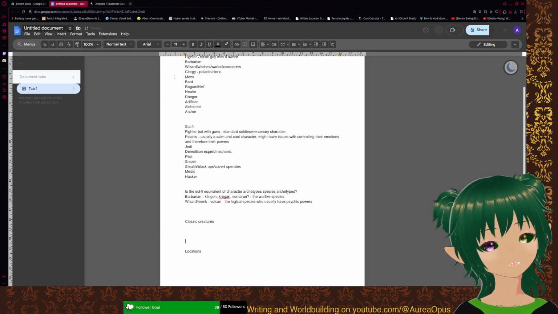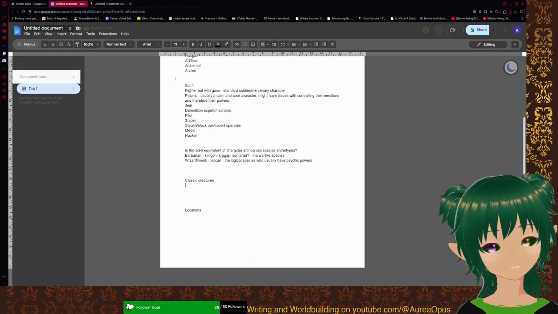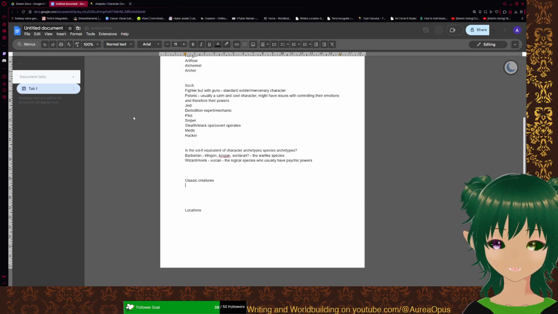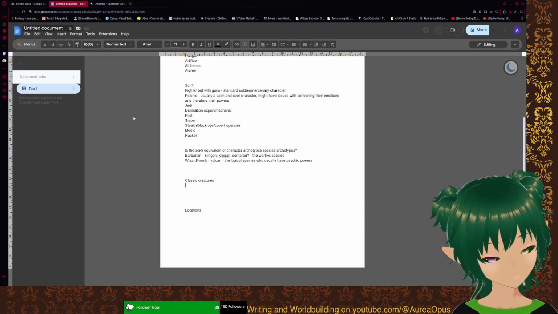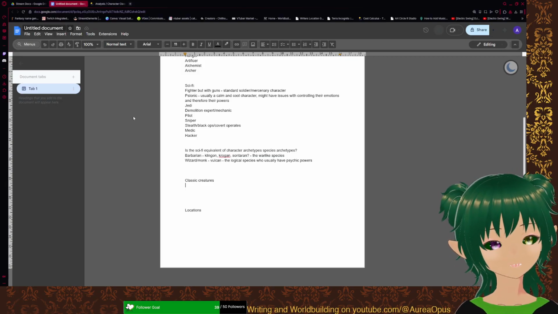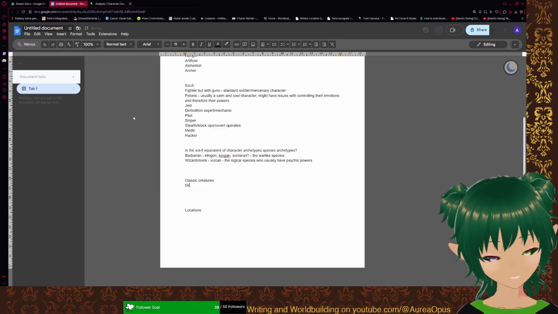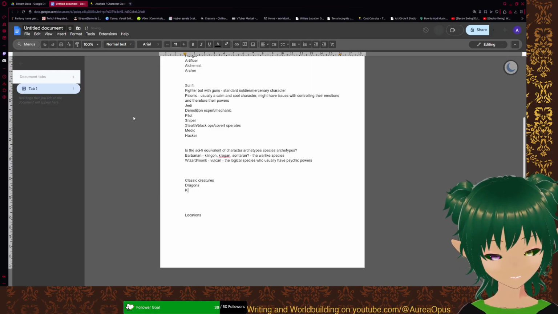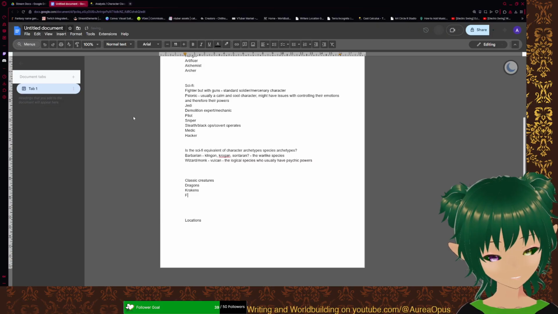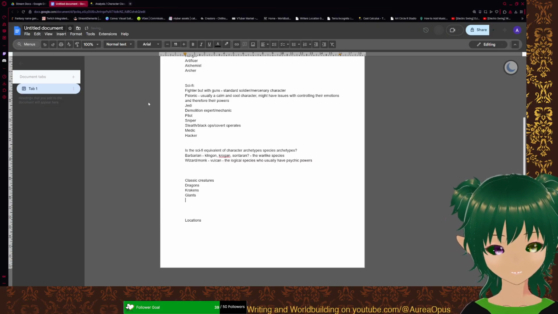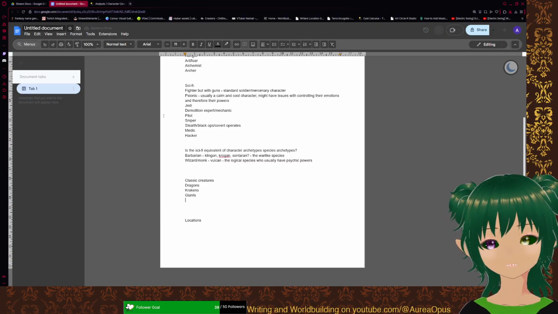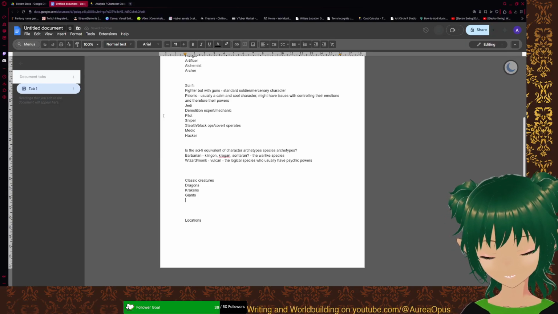Leaving this behind for a minute then, and looking over to creatures. Off the top of my head, when I was thinking about this idea as a concept for something to go over on stream, I was thinking of dragons, krakens, giants, those kind of things that are very recognizable.